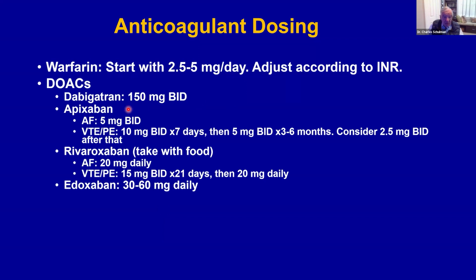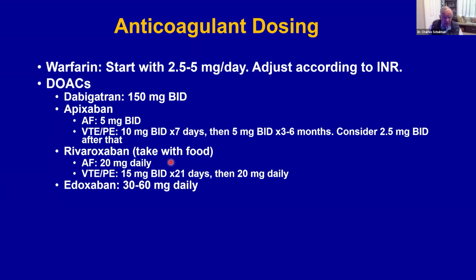The dose of apixaban for AFib is 5 milligrams twice a day. For VTE-PE, it's 10 milligrams BID for a week, then 5 milligrams BID. After 6 months, you can consider cutting the dose down to 2.5 milligrams, which has been found to be effective at that time.